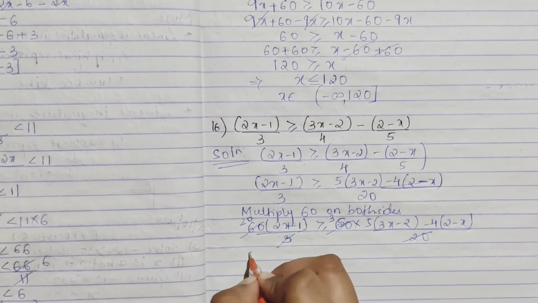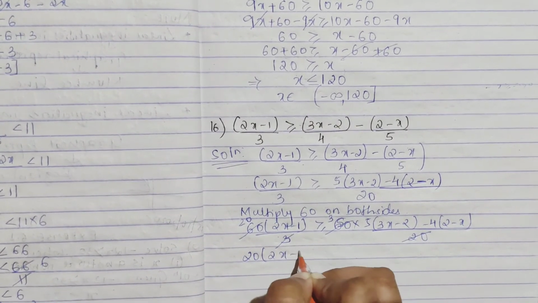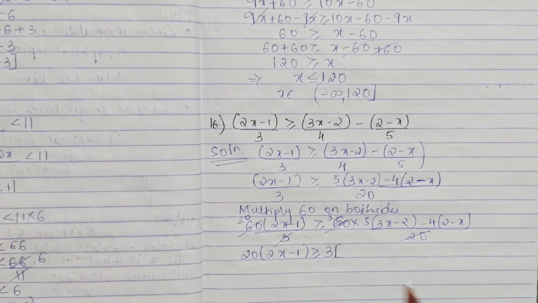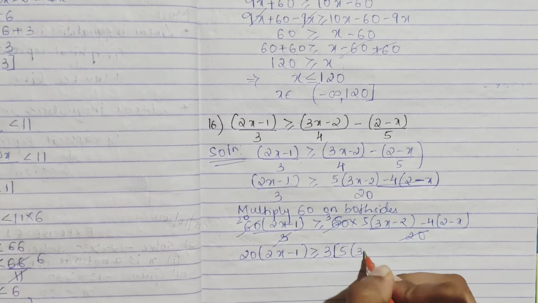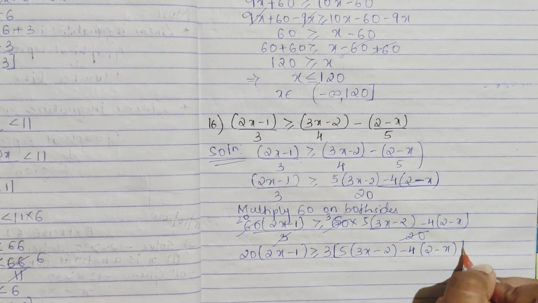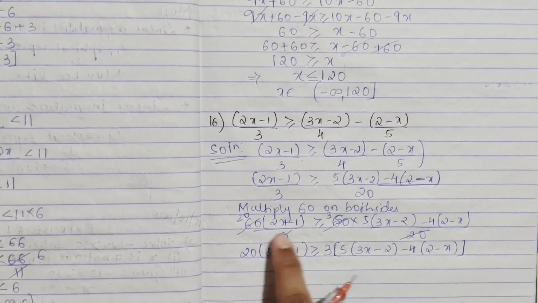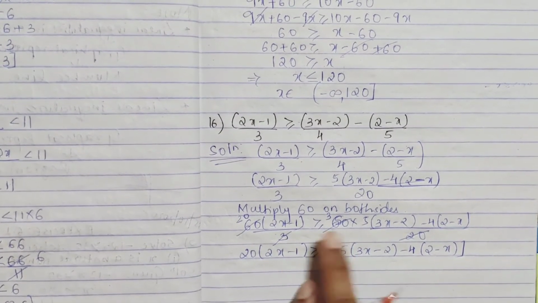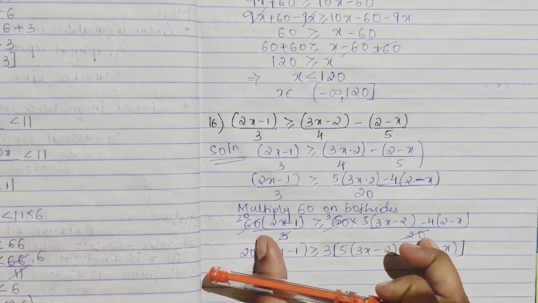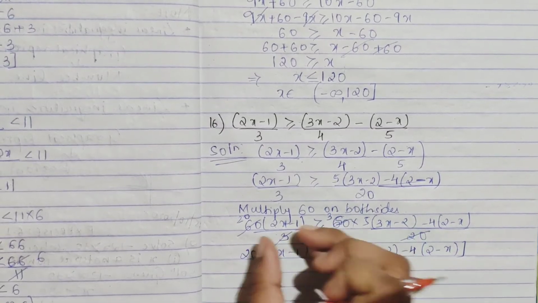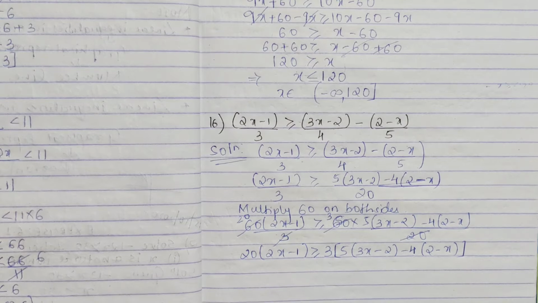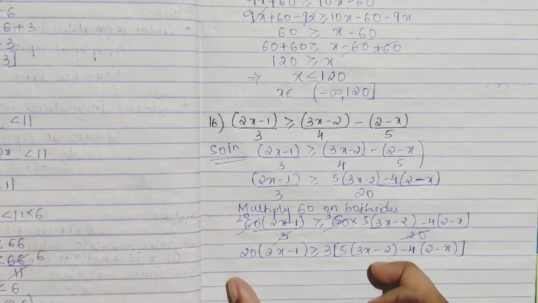Now I'm getting a whole number: 20 into (2x minus 1) greater than or equal to 3 into (5 into (3x minus 2) minus 4 into (2 minus x)). Understood, right? You have to remove the denominators, that is, the LCM of both 3 and 20. Whenever different numbers are there, just remove that LCM and make it a whole number.